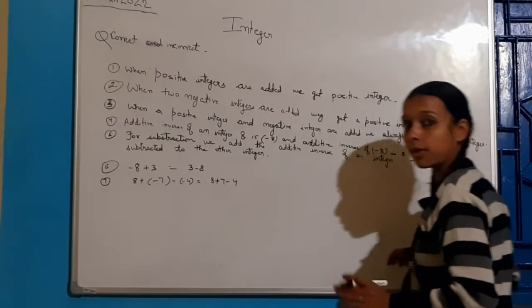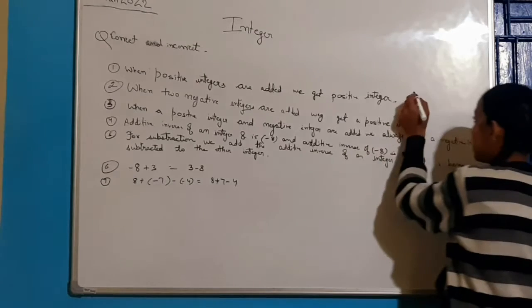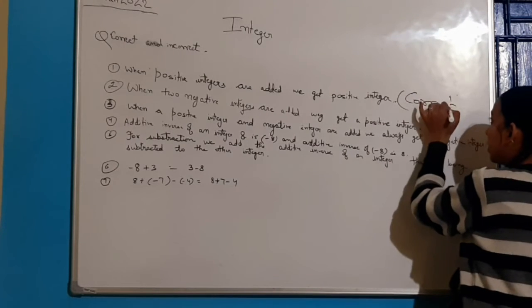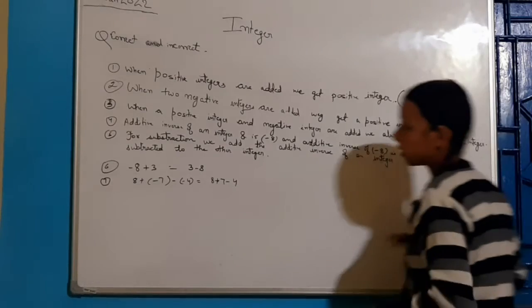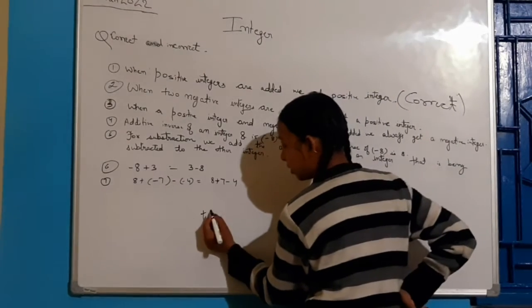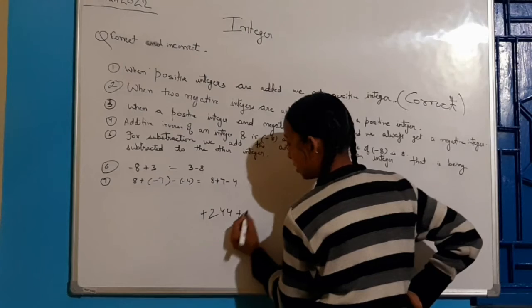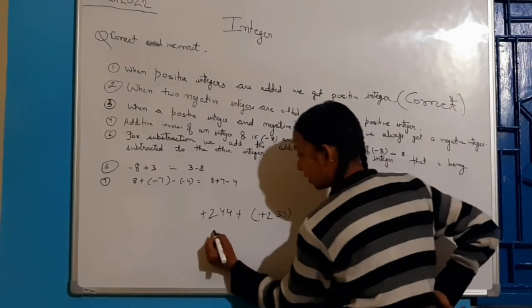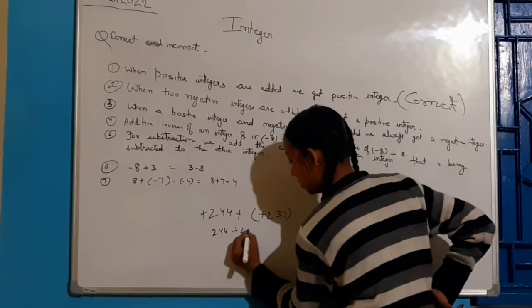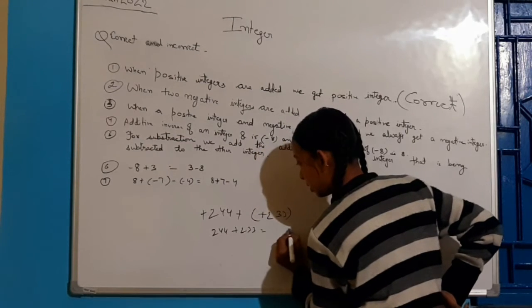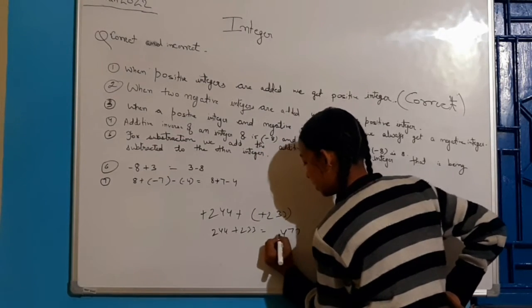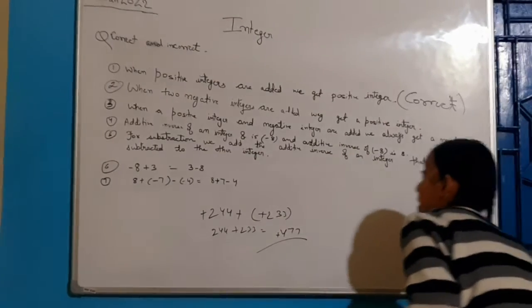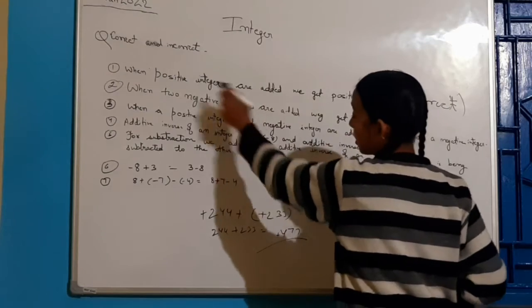Is it correct or incorrect? Yes, it is correct. When we take 244 plus 233, we get 477, a positive integer. Then this line is correct.